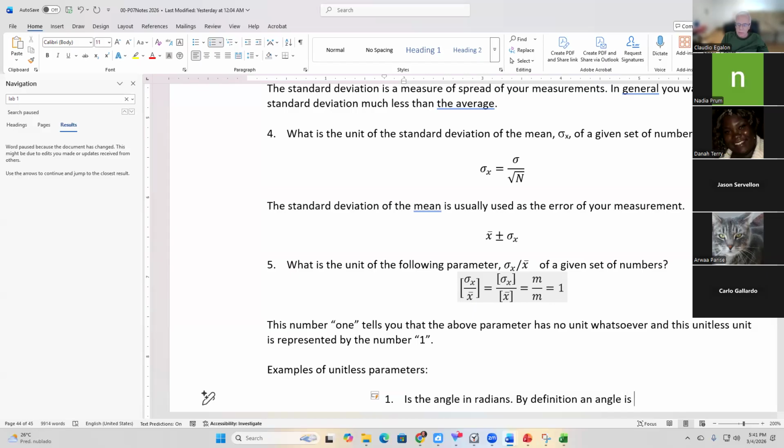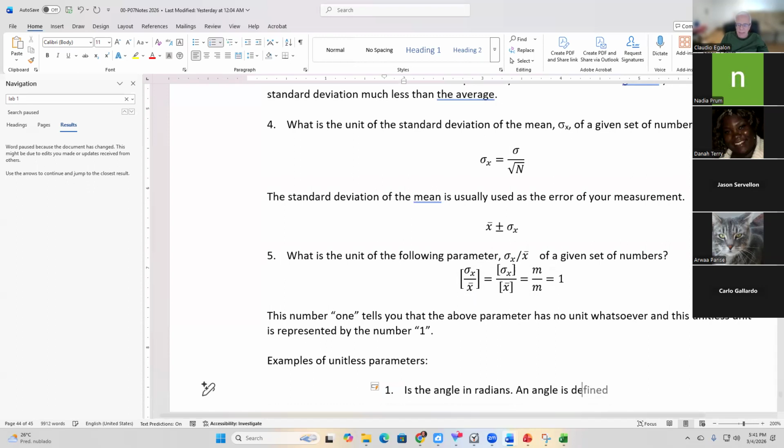An angle is defined as being the length of an arc divided by the radius of a circle. That's the definition of an angle.